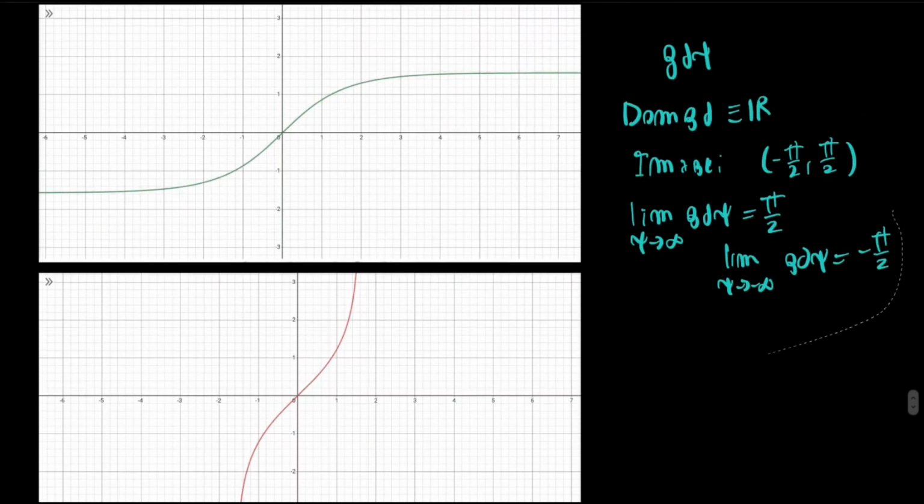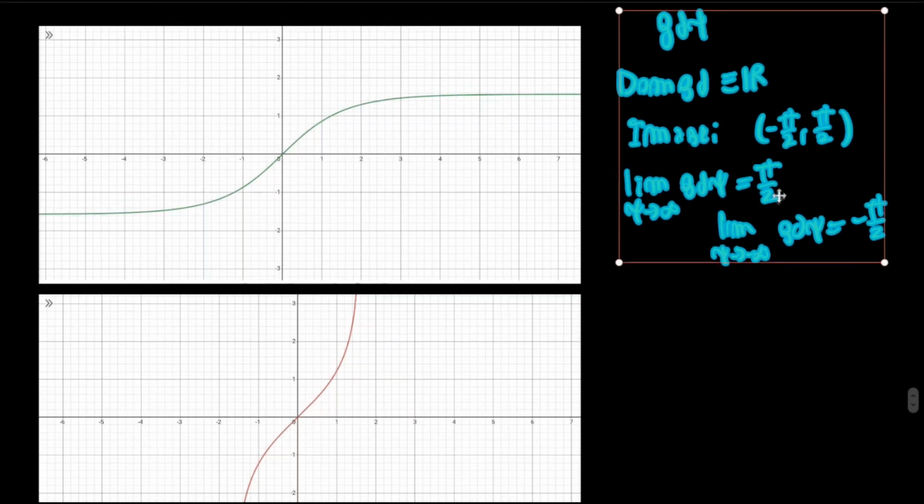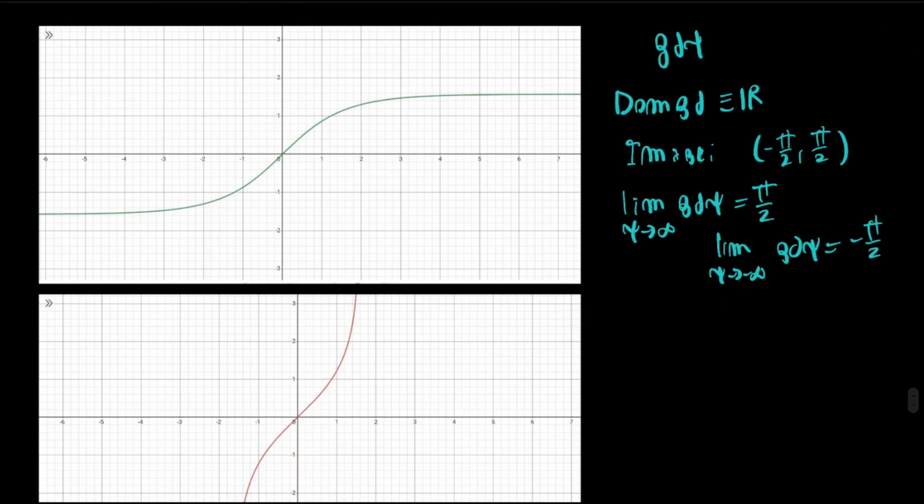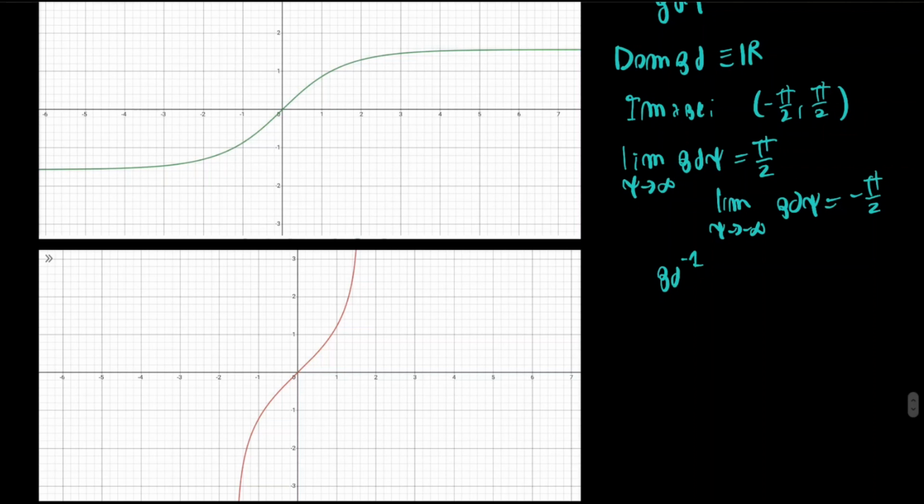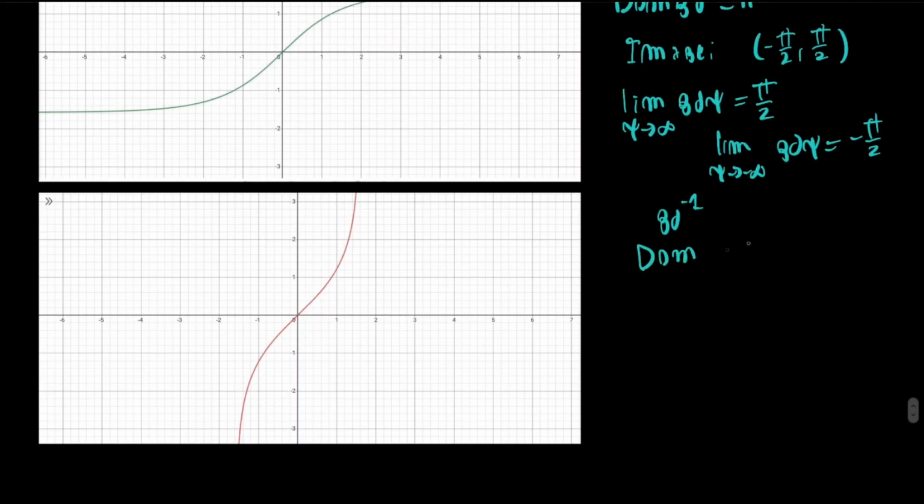And as we should expect, here graphically we can check too that for the inverse Gudermannian, its domain is the open strip minus pi halves to pi halves, and its image is all the real numbers.